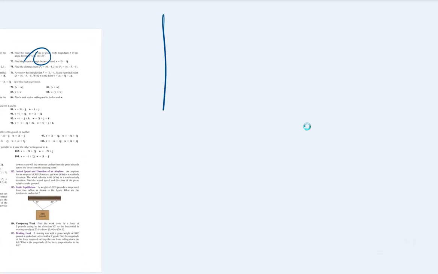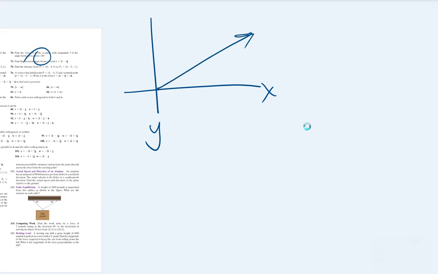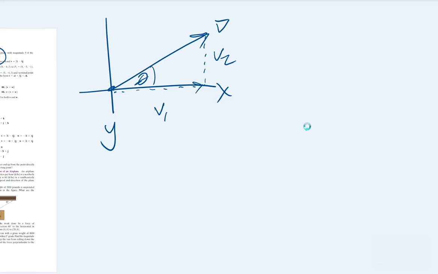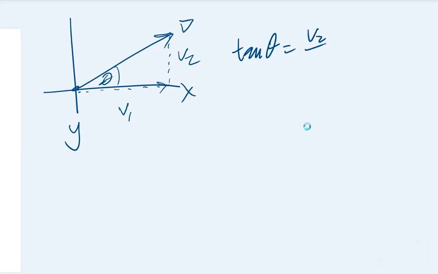If you draw the xy plane, and you have a vector v coming out of the origin, then the angle associated to it, let's call it theta, you can find using the components of the vector. Suppose that v is composed of v1 and v2. Well, tangent of theta is just v2 over v1.